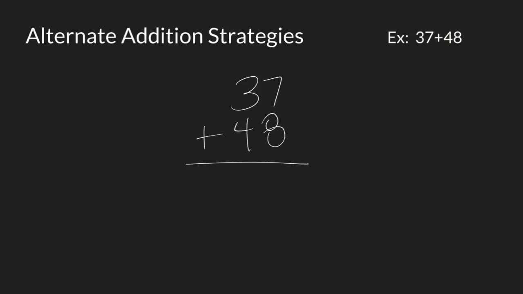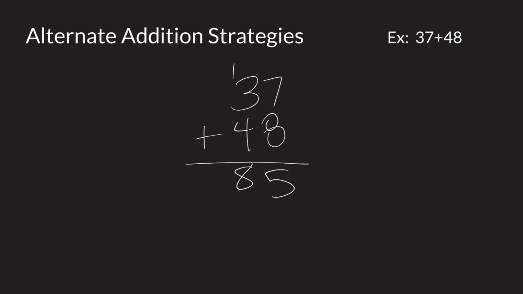If I were to say 7 plus 8, we would get 15, and then you carry the 1. What does that mean? What do you mean, carry the 1? Well, anyways, we would do 1 plus 3 would be 4, and 4 plus 4 would be 8, and the answer would be 85.